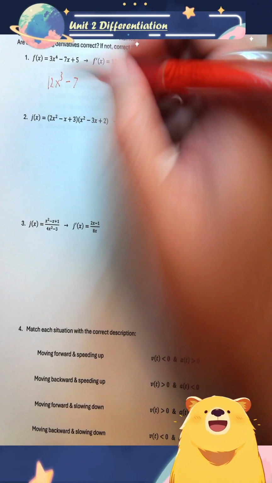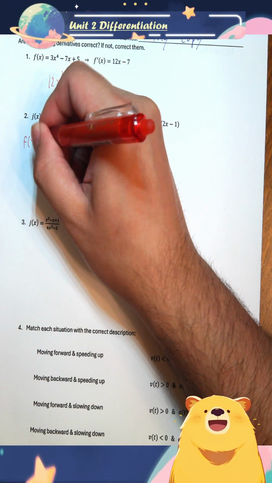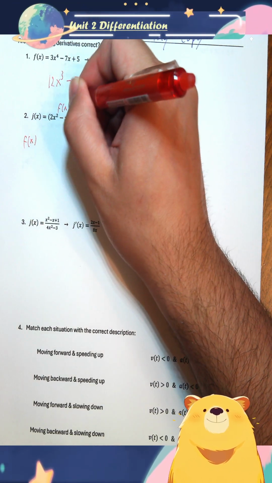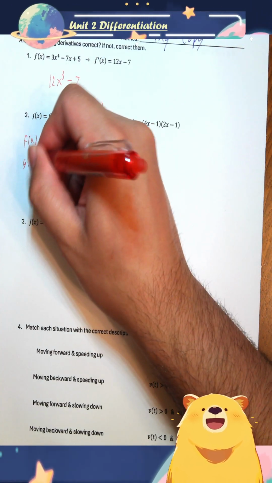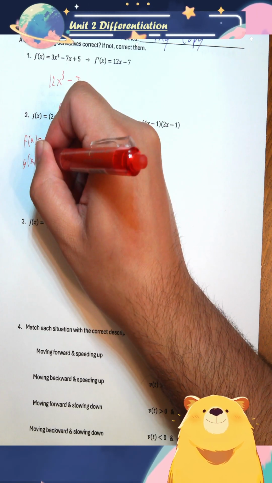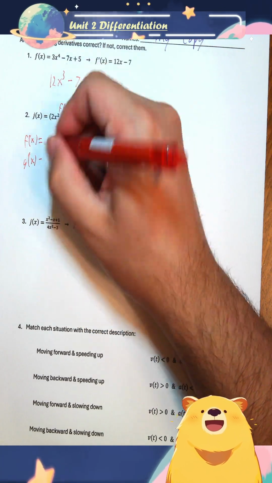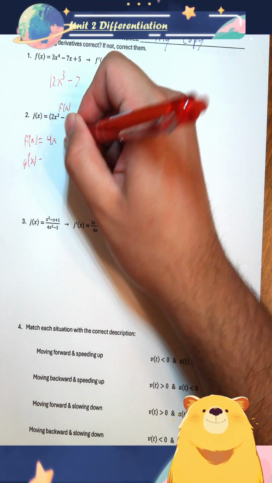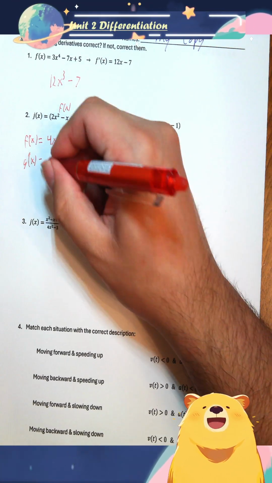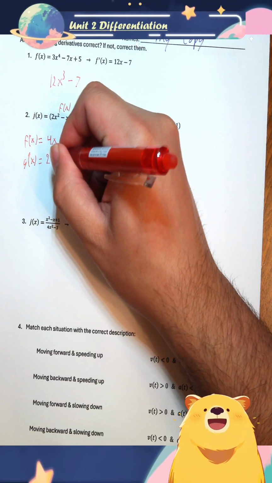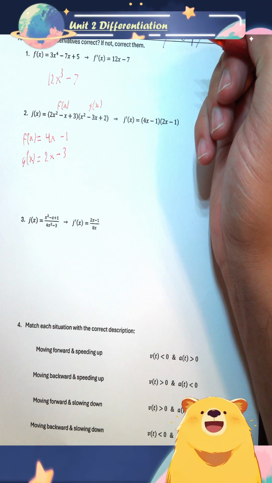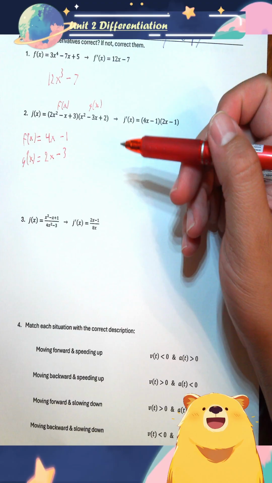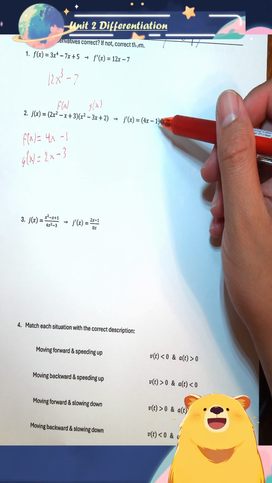For over here, you can argue that this is a product of f of x and g of x, and their primes respectively are 4x minus 1 and 2x minus 3. However, the technicality here is that it's not just going to be a product.